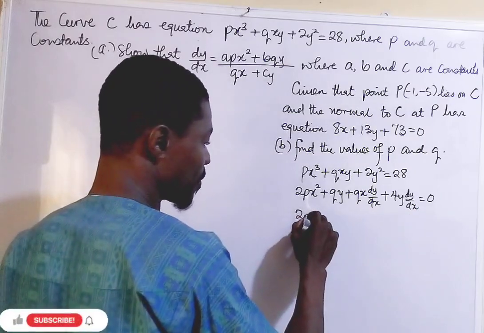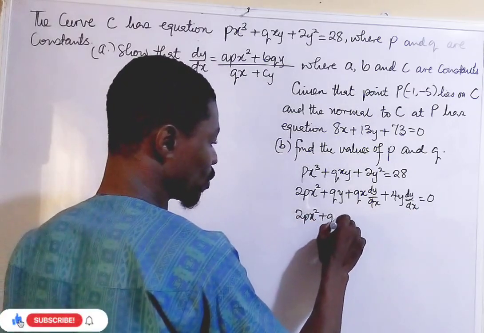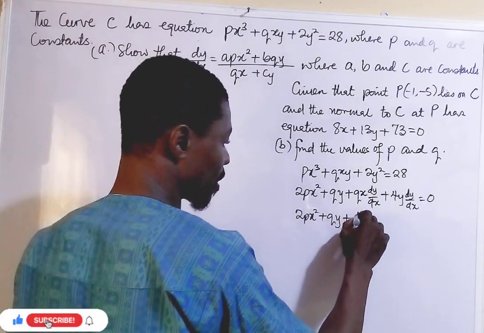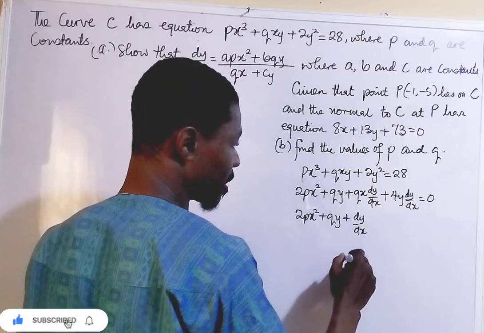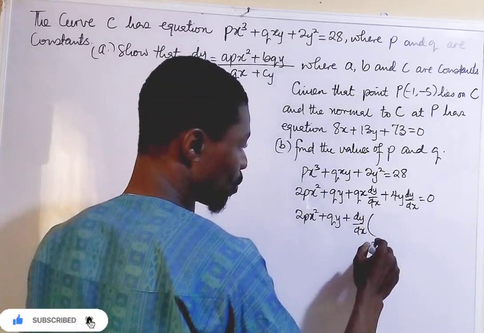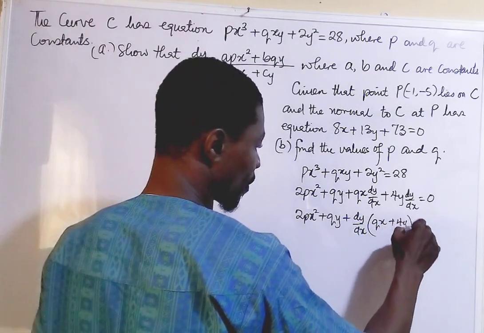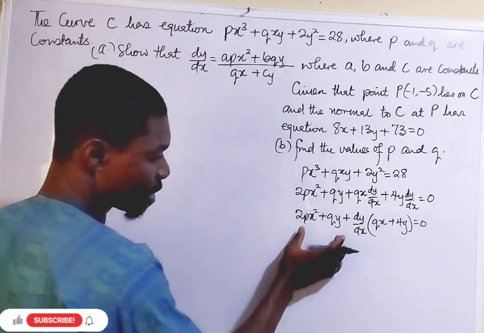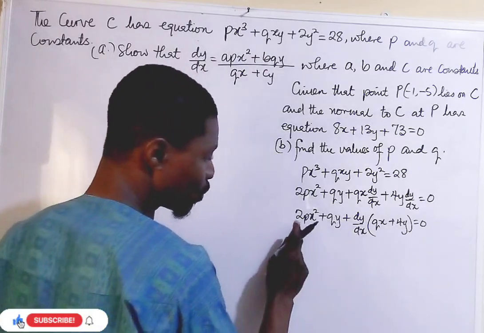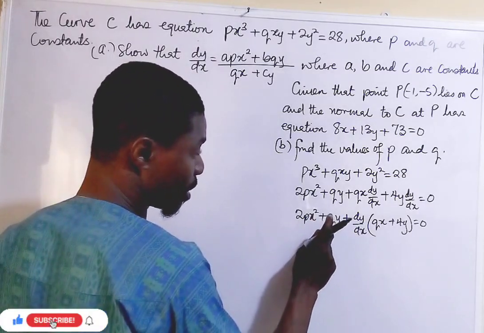Here we have 3px squared plus qy, plus dy/dx into (qx plus 4y), all equals 0.